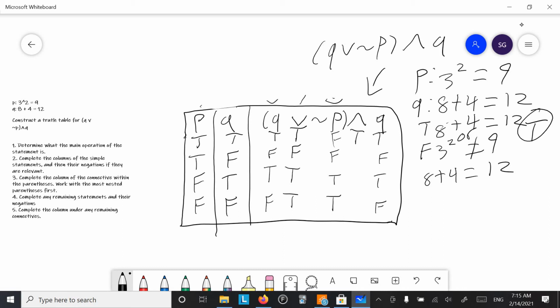So we know that the disjunction, which I will represent with T because it is true, and 8 plus 4 equals 12, both of those are true. Because both of those are true, the conjunction itself is true. I hope that made sense. Alright, that's how you work it out.